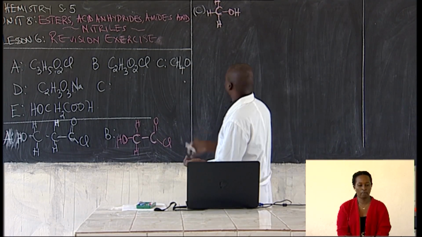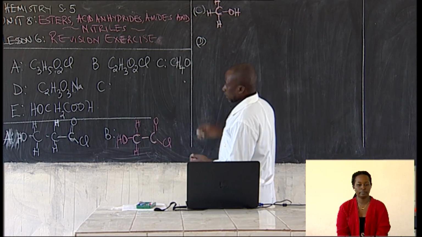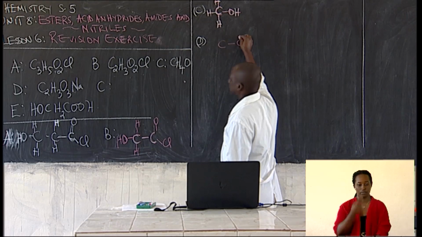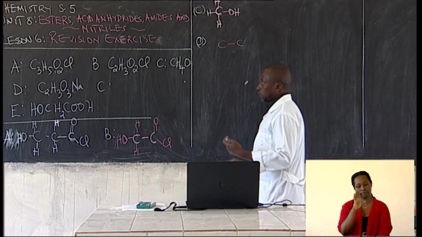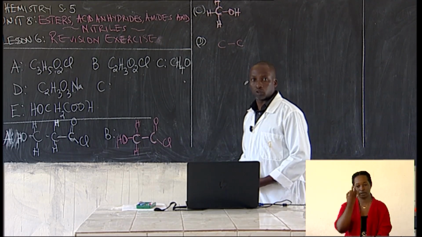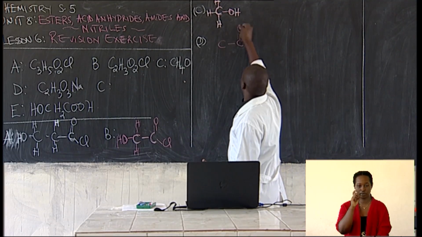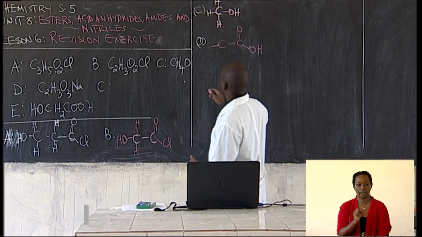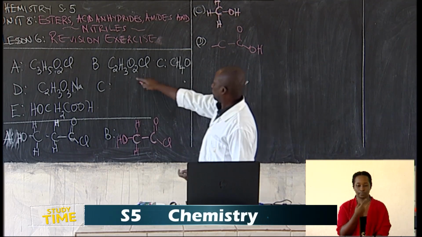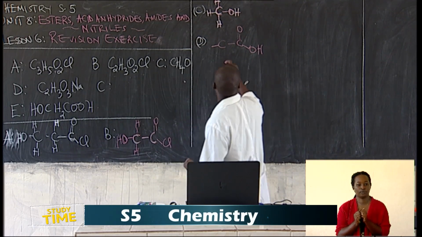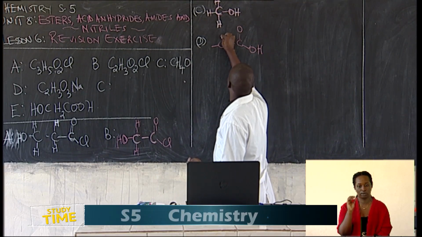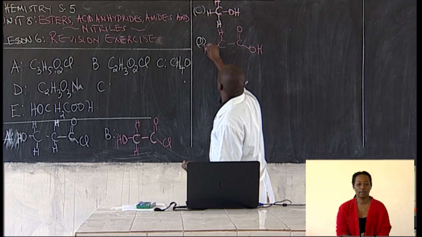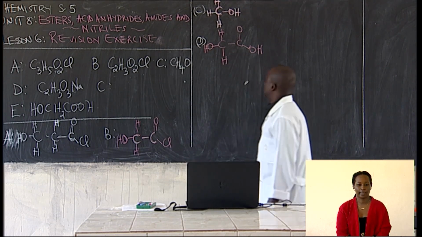So D, 2 carbon atoms, it has 3 oxygen atoms. So I would assume with 3 hydrogen atoms. This is the hydrogen. You have this and this.